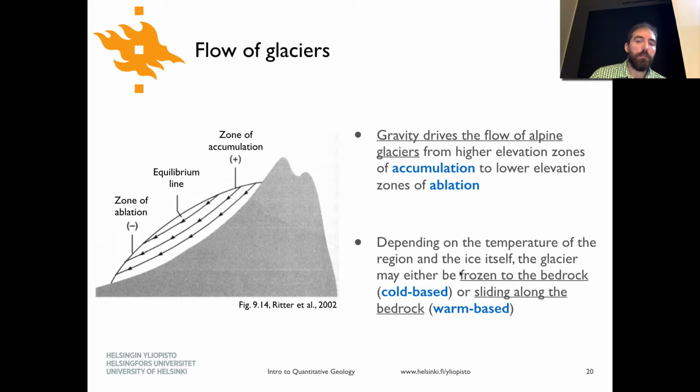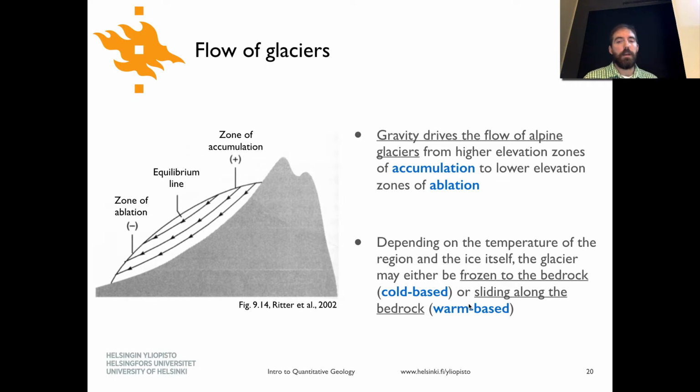Now, there are basically two different types if you want to classify the glaciers in very broad terms. Cold glaciers that are frozen to the bedrock beneath them, so they'd be frozen stuck to the rock in the valley, or warm-based glaciers where the ice is sliding along the bedrock in the valley.